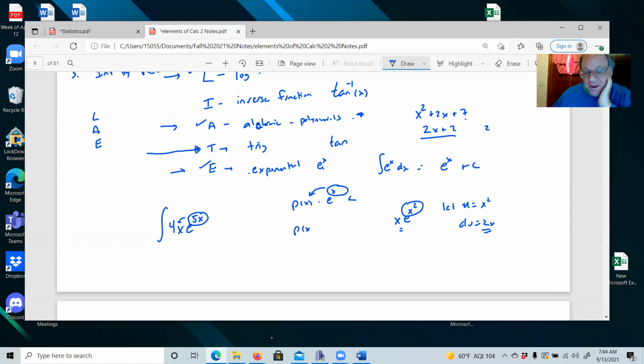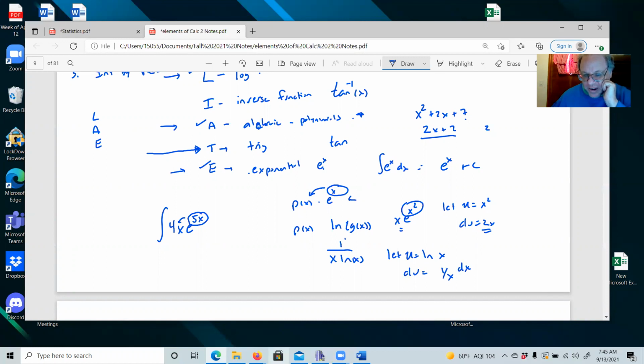Anytime you have a polynomial times a logarithm, this should be screaming at you, hey, do integration by parts here. And again, not all the time. I mean, we could do 1 over x ln x, set u to be ln x, du equals 1 over x dx.